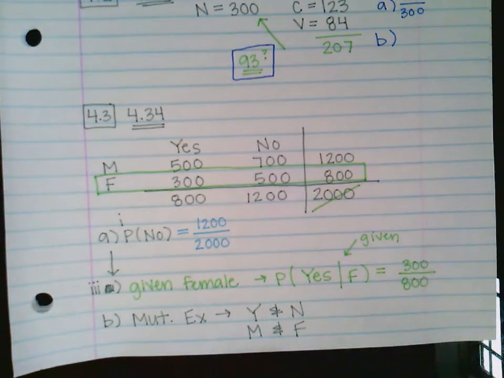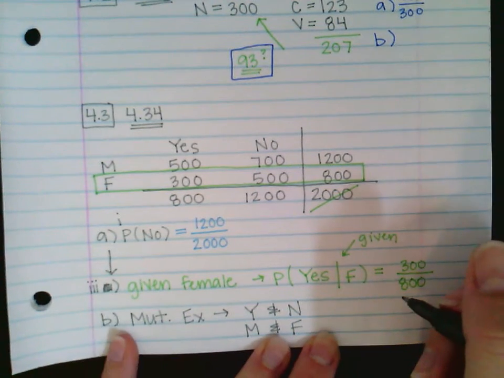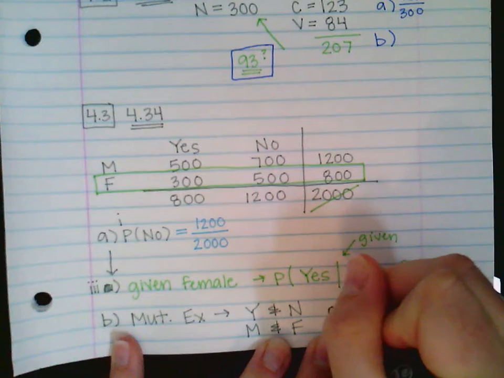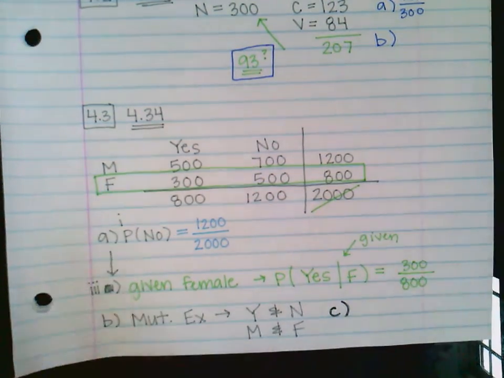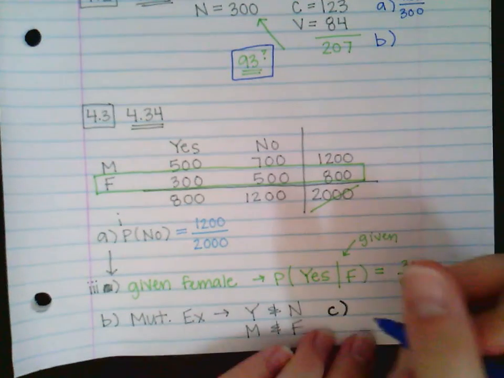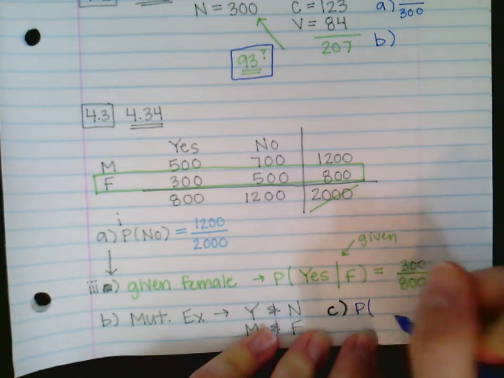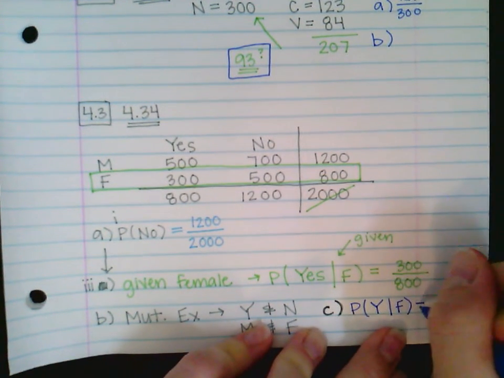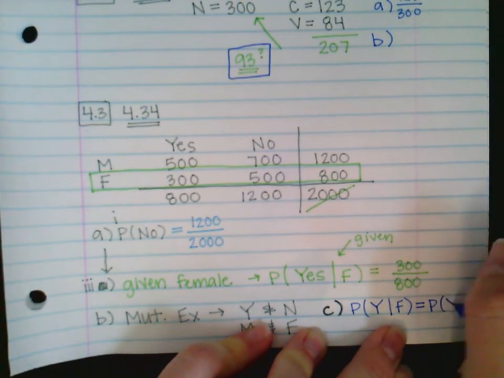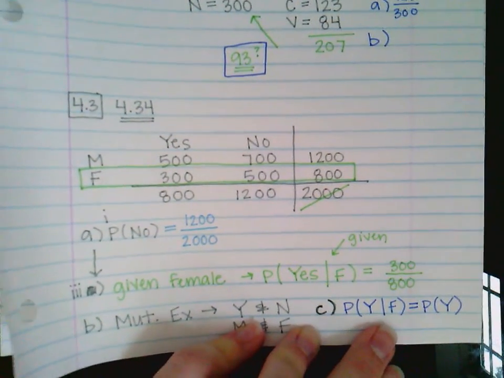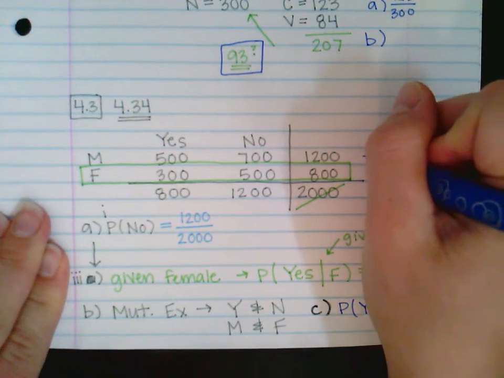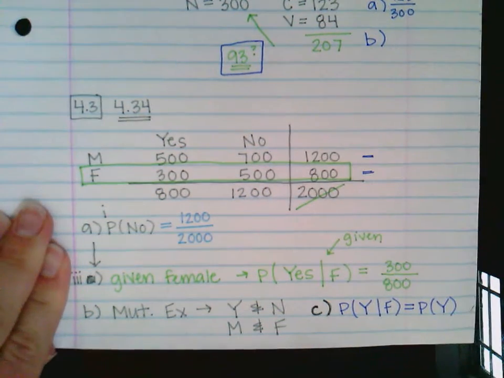Now on part C, if you want to know whether female and shopped are independent, you're going to actually be able to use what we did in number 3. So you're going to want to look at, is the probability of yes given female the exact same probability as just saying yes? Independence means it shouldn't matter if I am in this row or this row.